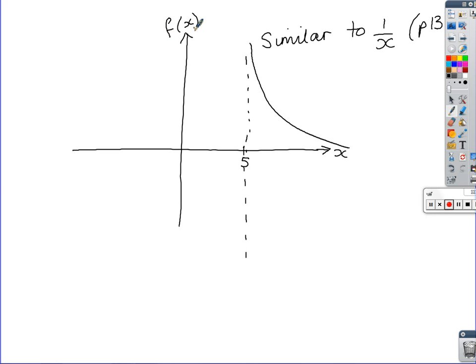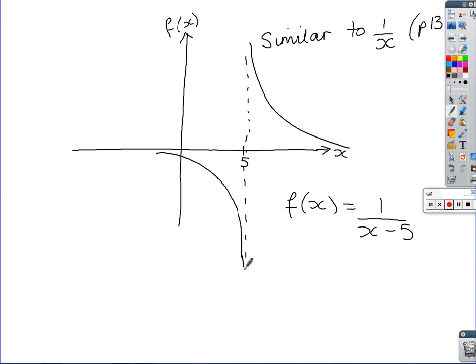F of x or y on this axis. So this is the graph of f of x equals 1 over x subtract 5. So the asymptote is somewhere where the graph gets closer and closer.